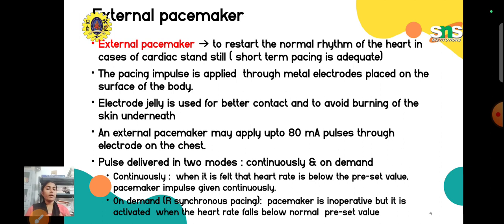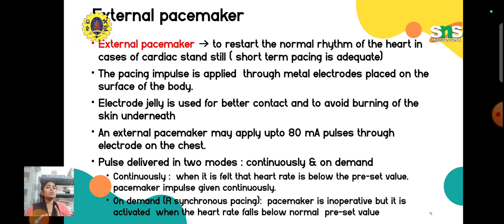When there is a demand, that is, when the heart is not functioning properly and falls below the threshold value we fixed as the preset value, then automatically the pacemaker will start to give impulses. That is on demand. The major difference is that in continuous mode, whatever value we set, the pacemaker will deliver the impulse continuously and will not look at our heart function.